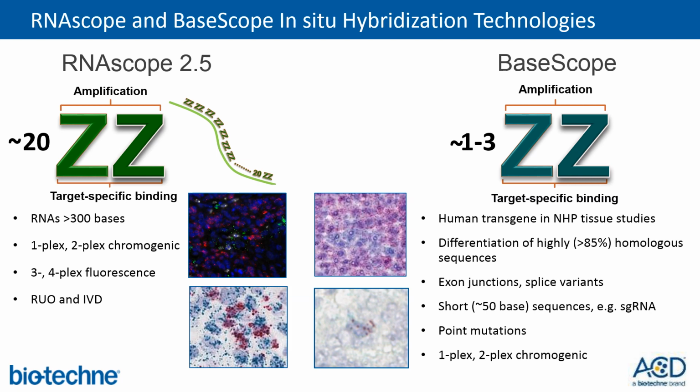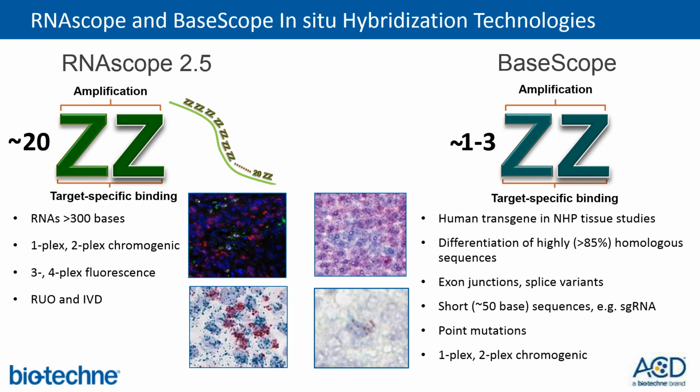The RNAscope assay is our primary assay. That's our default assay. It has a number of features that make it somewhat more useful in certain circumstances. In particular, it allows for higher plex fluorescent assays, 3 and 4 plex, which allow for inclusion of cell markers as well as detection of transgenes and/or vector sequences.